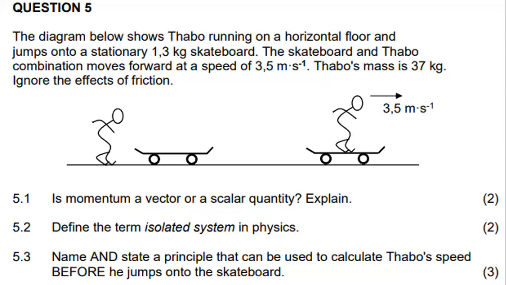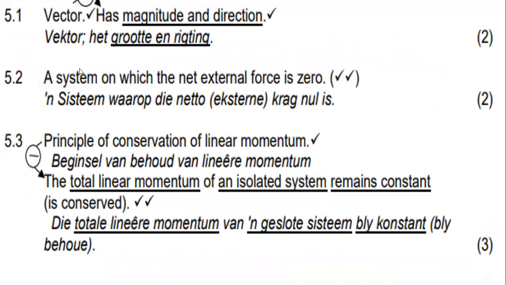So it is a vector quantity because it has both magnitude and direction. So this is how you'd have said it's a vector quantity. What is the reason? It has magnitude and direction.